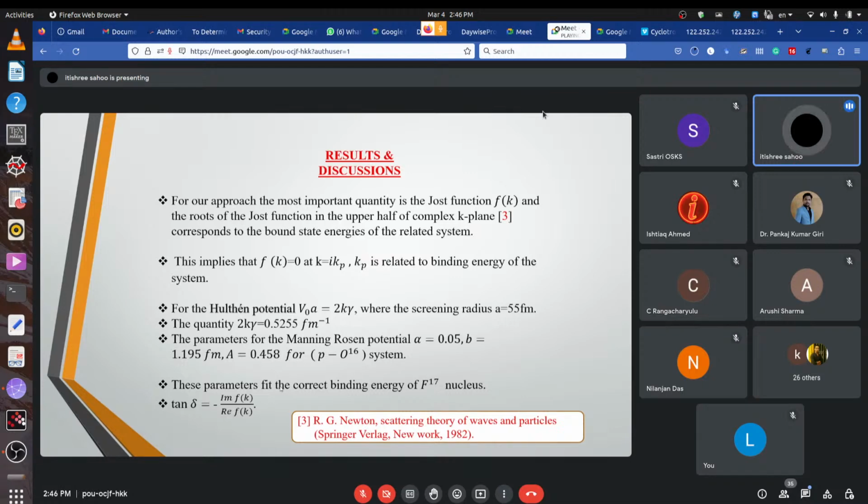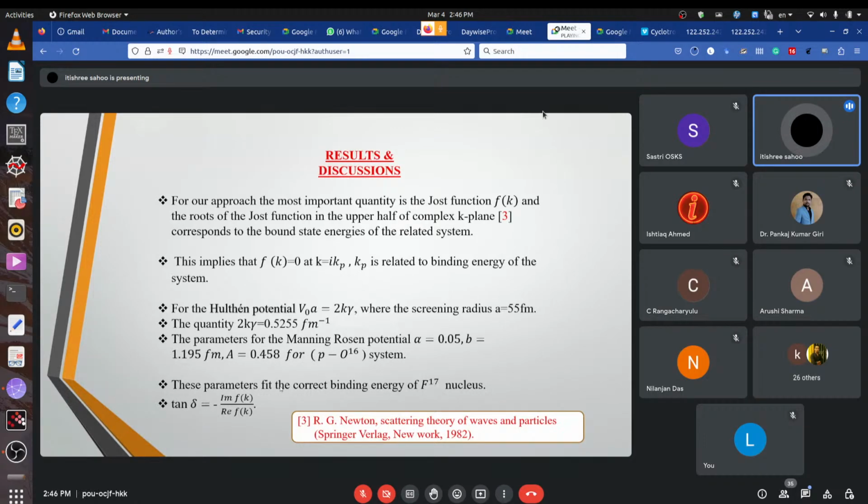Here for the Hulthén potential we use V0 A equal to 2k gamma, where we take the screening radius A equal to 55 femtometer. The quantity 2k gamma is equal to 0.5255 femtometer inverse.